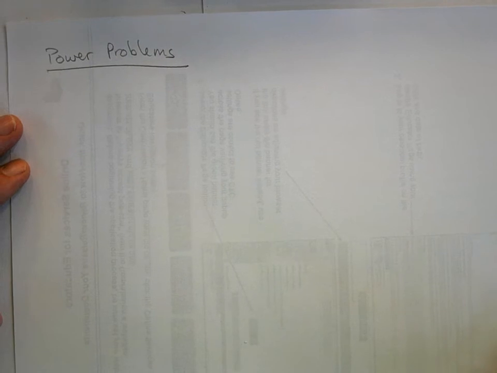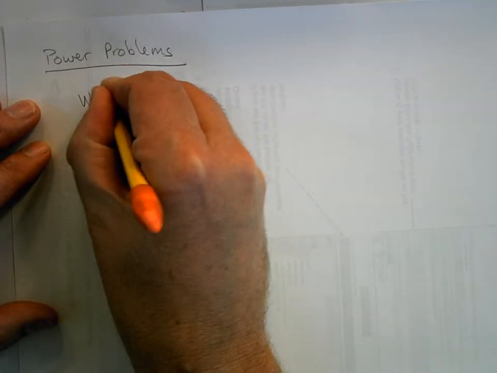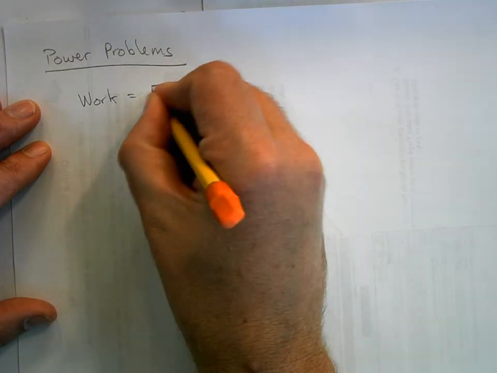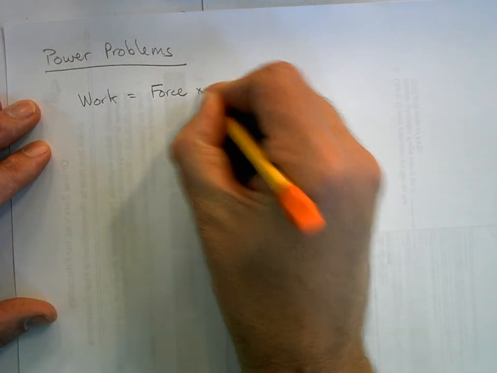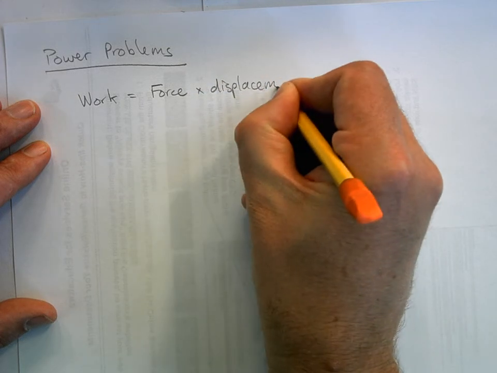Now we have a couple of formulas that define quantities that we've been dealing with. One of them is work. And we said that work was equal to force times displacement.